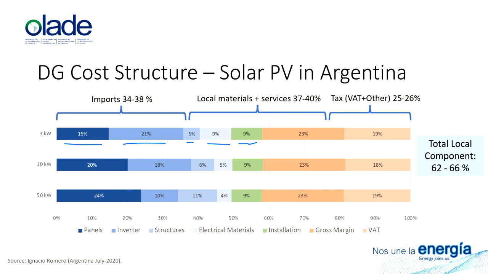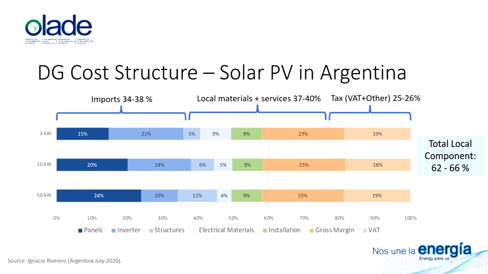The structures as well: most of the solar installers have designed in some way their own mounting system, and they're improving on those systems, but this is locally manufactured. And of course, as we mentioned, the installation as well. So all of these are local materials and services that are included in the price, as well as taxes that we mentioned, VAT, income tax, and others.